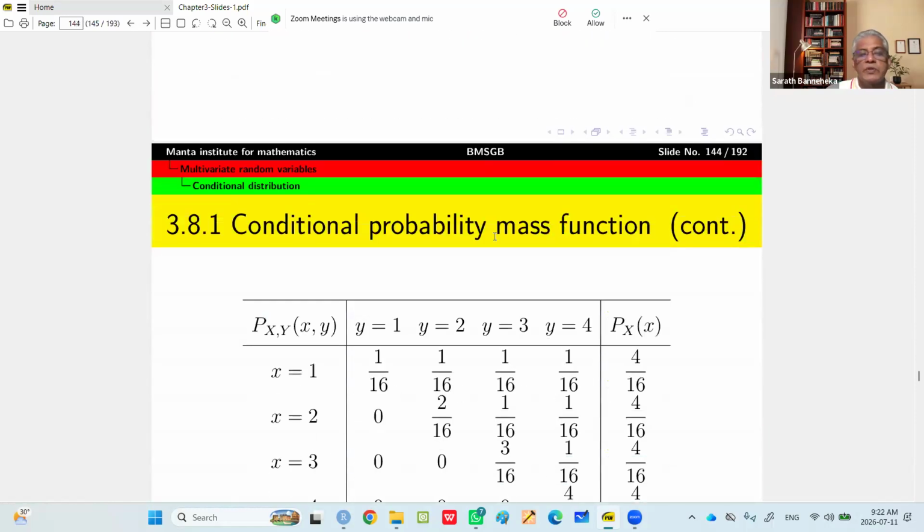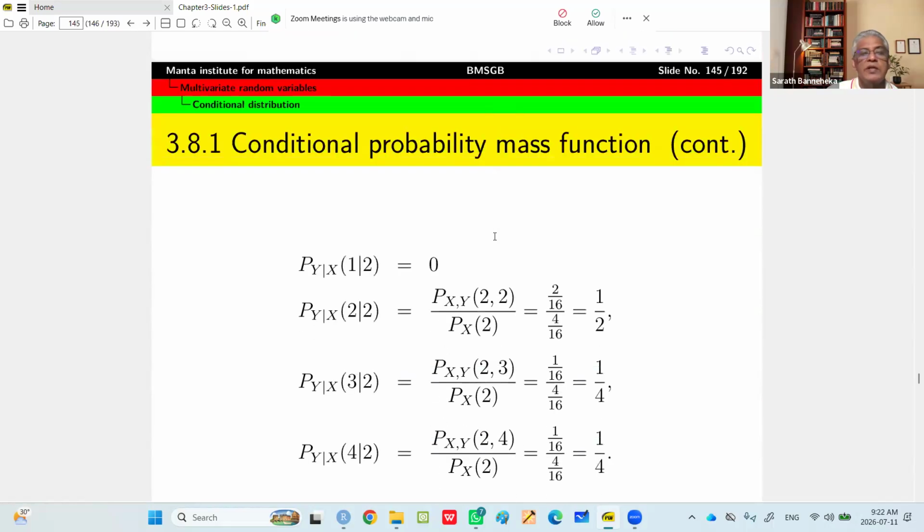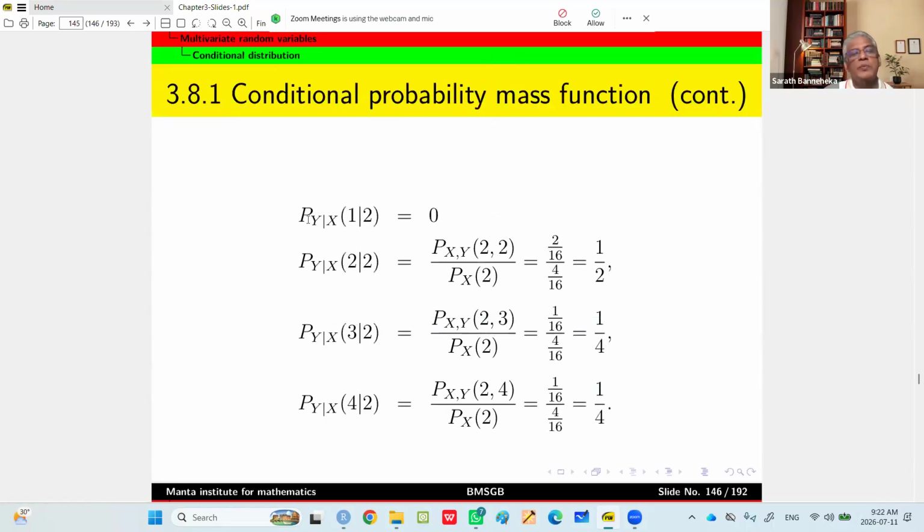Right. So, therefore, I can write down the conditional probability mass function of y given x at 1, 2. For example, I'm considering the case x equal to 2 here. You can talk about the conditional probability mass function of y being equal to 1, 2, 3, 4, given x equal to 2, right?